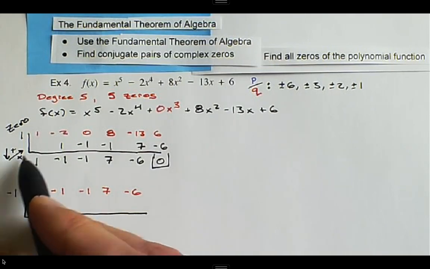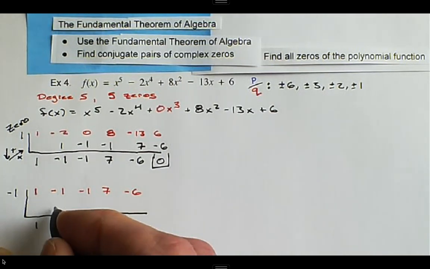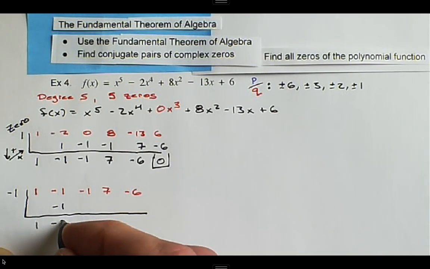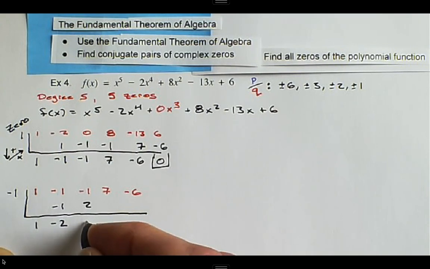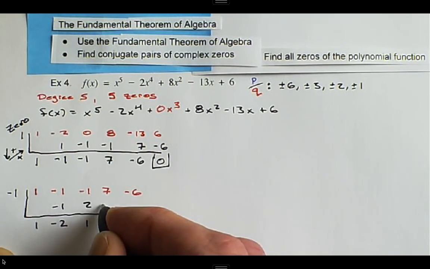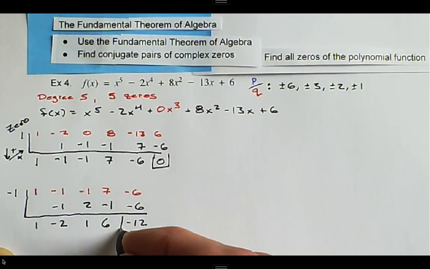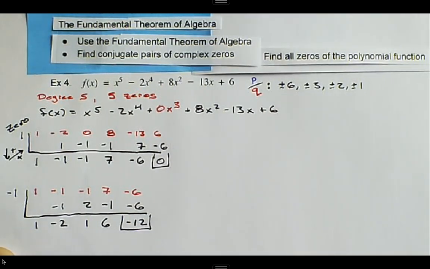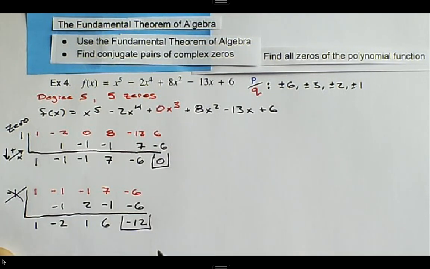We're going to add down and multiply in the diagonal. So we get 1, negative 1, negative 2, positive 2, 1, negative 1, 6, negative 6, and then we get negative 12. So the remainder is negative 12. It is not a 0, so negative 1 does not work.